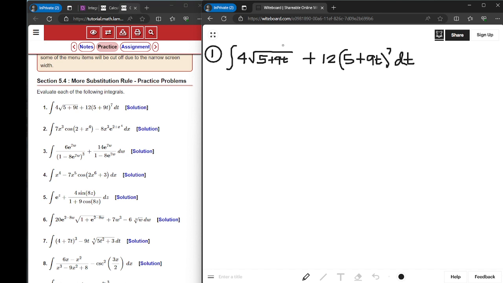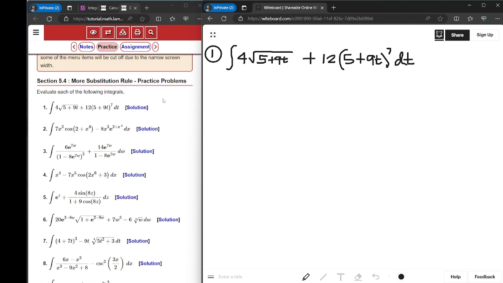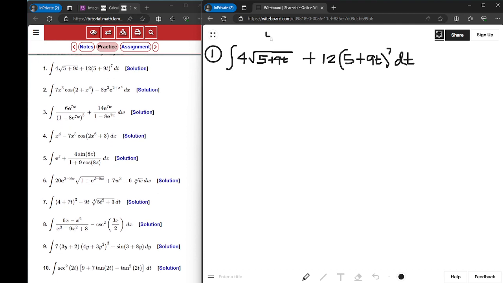Again, remember, in these problems we will use the substitution method. That means we can represent some of the terms here as u. Say, for example, 5 plus 9t can be replaced or substituted using u.